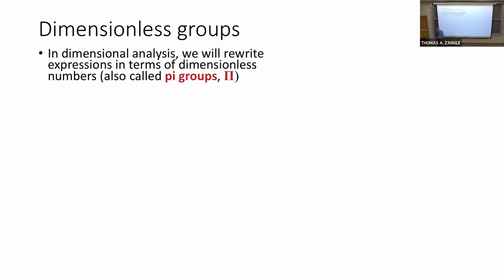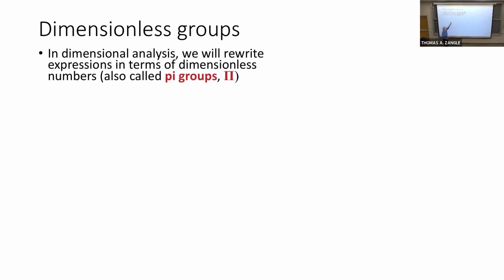So one of the primary goals of dimensional analysis that we'll see is to take expressions that we're dealing with and rewrite them in terms of dimensionless numbers. So we're going to take equations like the Navier-Stokes equations, and we're going to make everything in that equation dimensionless. So we're going to remove all the dimensions from that equation.